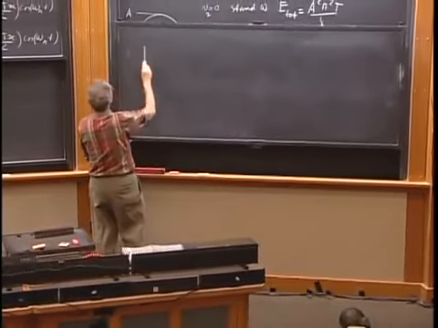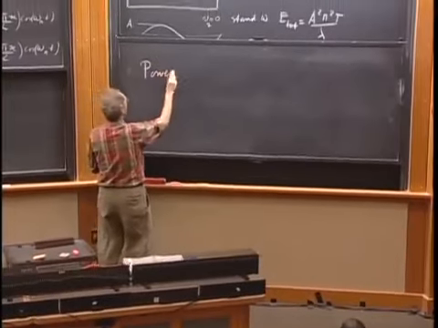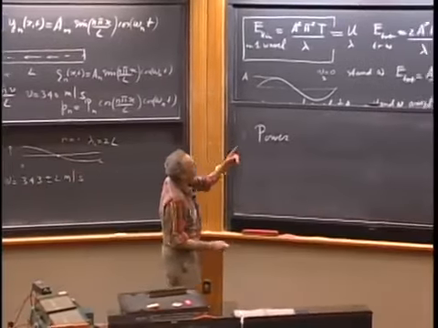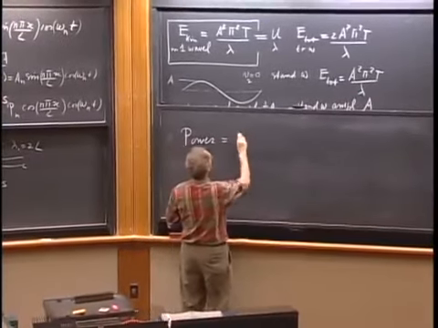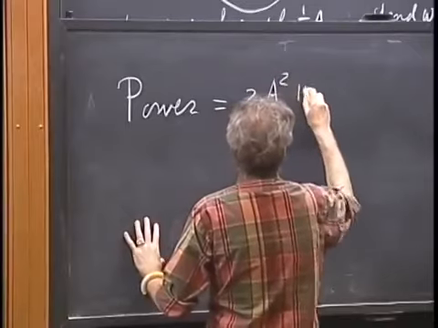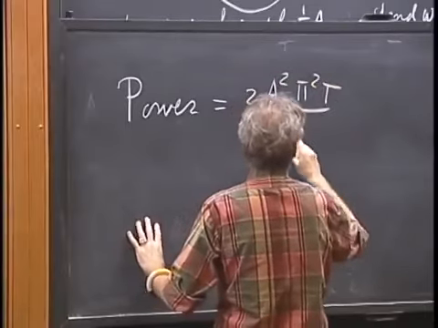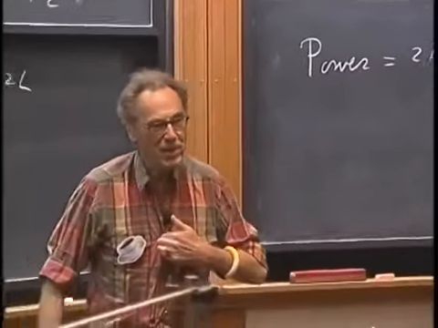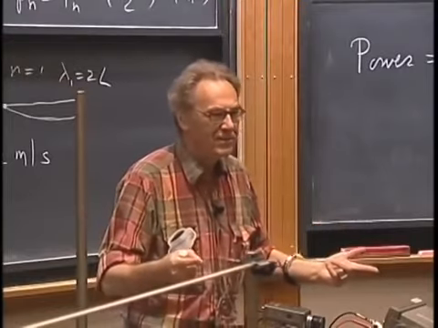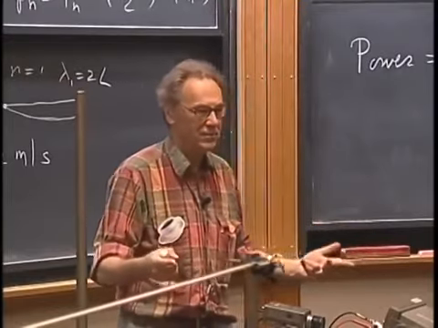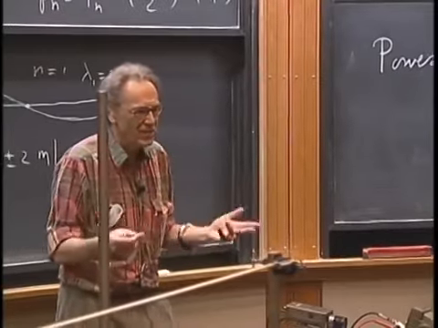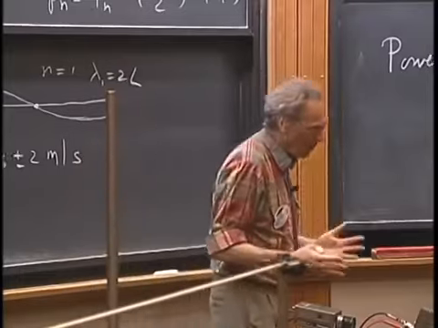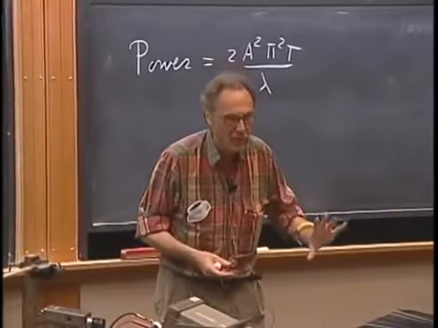And so I can now very easily calculate for you the power to generate a standing wave. That is utterly trivial, because the energy in the standing wave is 2 A squared pi squared T divided by lambda, and all I have to do now is to divide it by the time that it takes me to generate one oscillation. So that's the period of the oscillation, which is the same as 1 over the frequency.